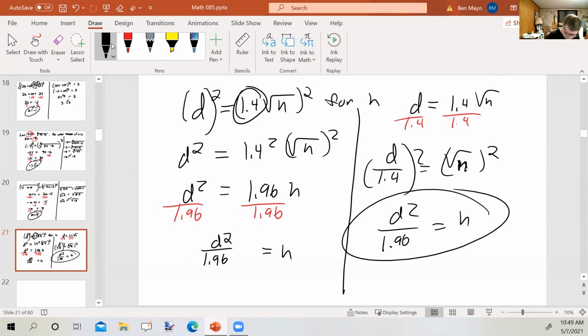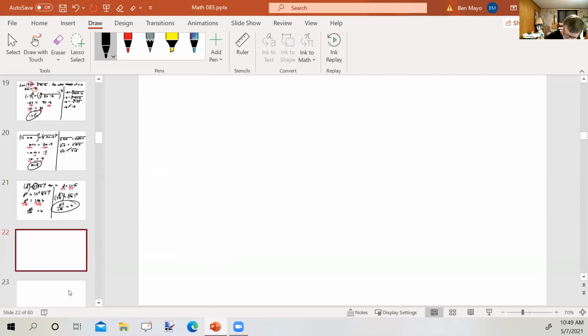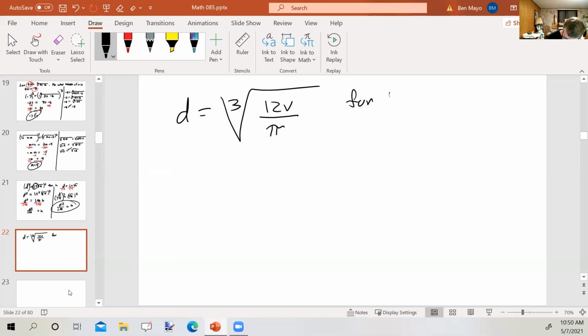Okay, let's take a look at this example. D equals the cube root of the quantity 12v over pi, and we are to solve for v. Let's put little lines there. All right, I have a radical isolated that contains v, so I've got to get rid of that radical to get that v outside. So I'm going to cube both sides.